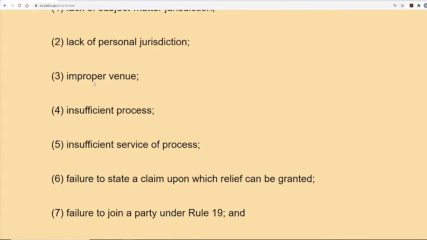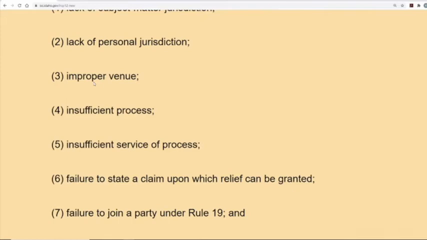So 4 is due process of law, 5 is insufficient service. They failed to serve you properly and timely. And there it is. Rule 12b-6, right straight. These are all copied right off the Federal Rules of Civil Procedure. Failure to state a claim upon which relief can be granted. There it is.